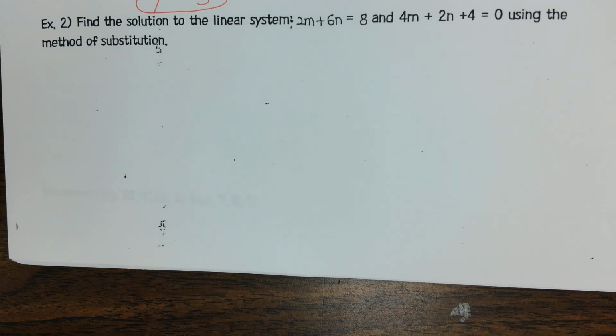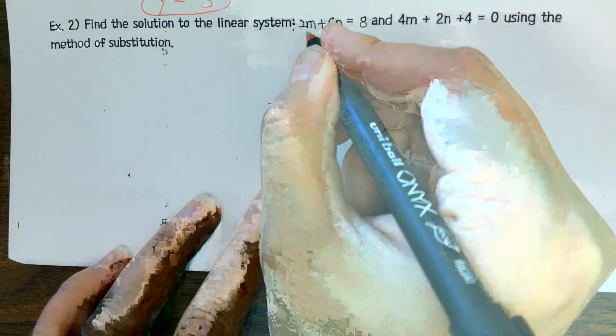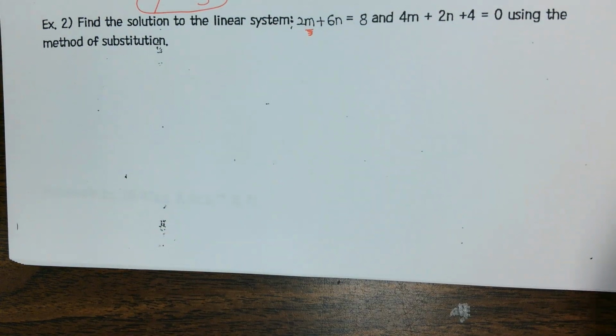What's your first step? I want to hear your first step. Yep. The first step that we did was take this equation, 2m plus 6n equals 8, and isolate the m. Okay. And I have no fractions. Ariane says isolate the m.